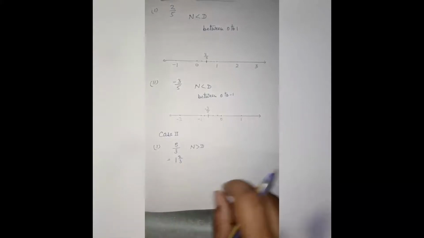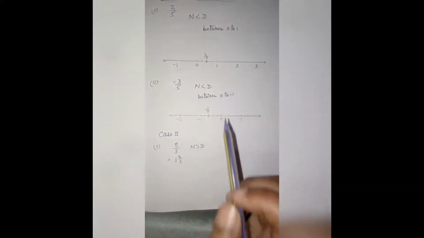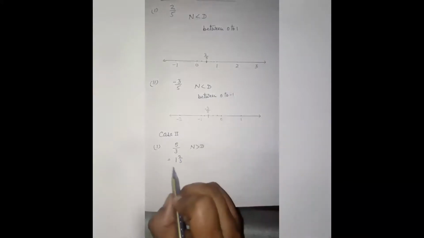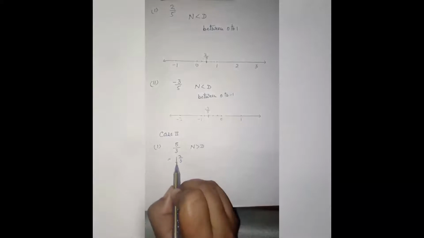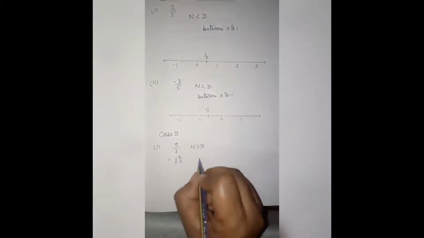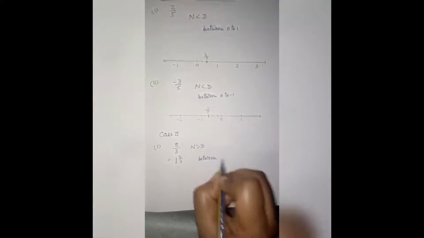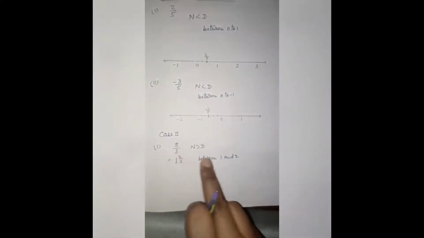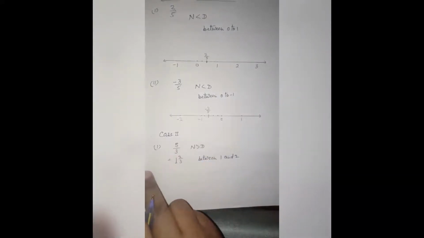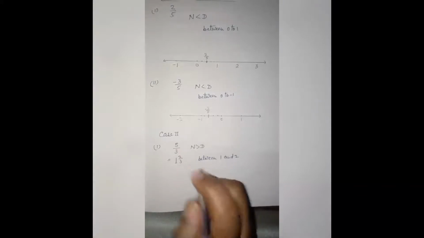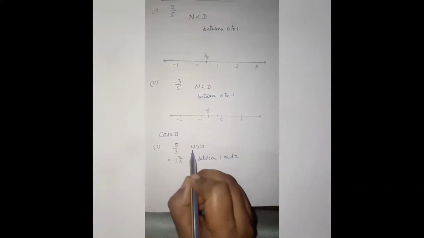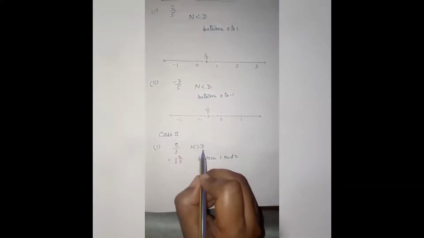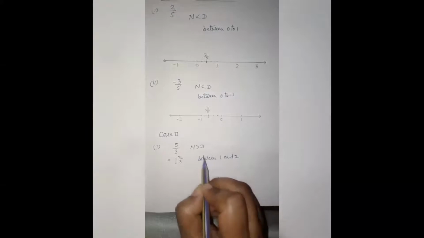Now your rational number will come between this whole number 1 and the next number 2. If a negative sign is there, in the same way you will write the negative sign. So always remember, if the numerator is greater than the denominator, you will first see between which numbers you will mark this rational number.